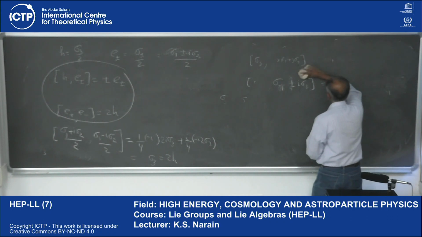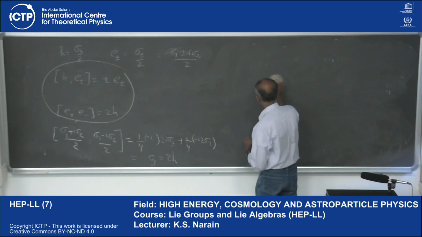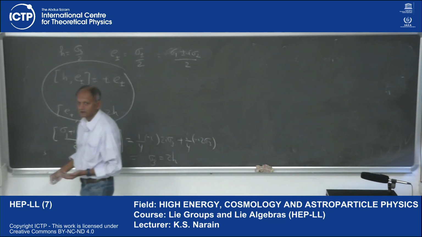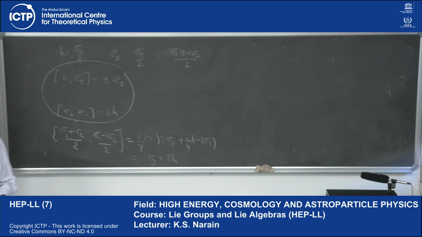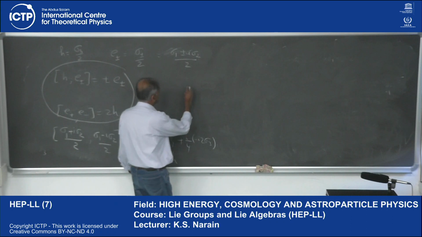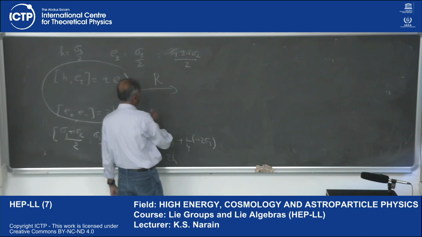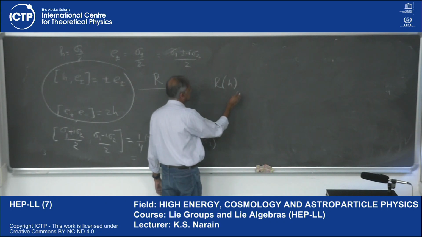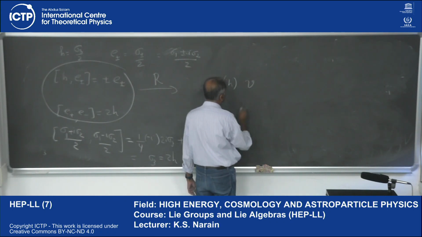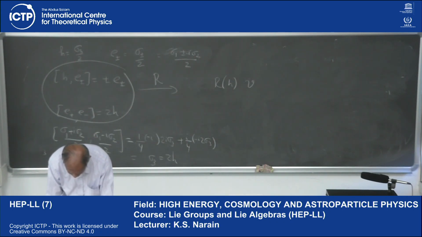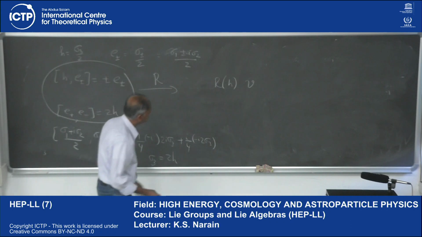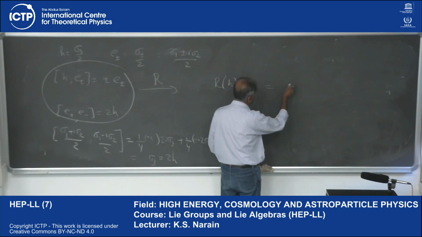The way to see this is, let's suppose that, as we said, sigma 3 is the Hermitian object. So that means H is Hermitian, which means I can find eigenfunctions and eigenvalues. So let's suppose this is all in some representation R. Let's say I found RH acting on some vector V, with some eigenvalue.